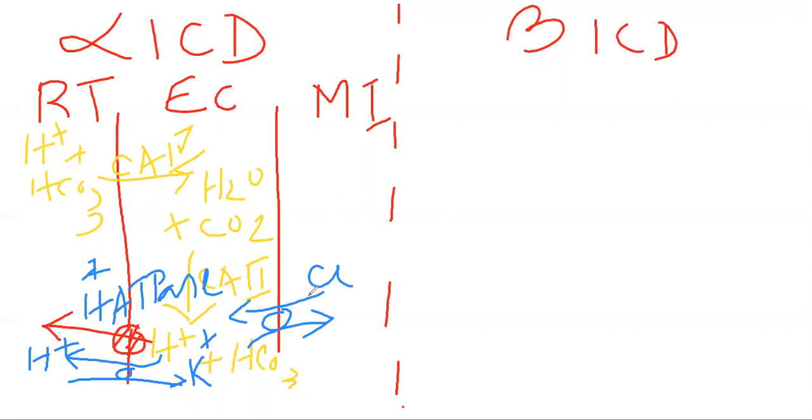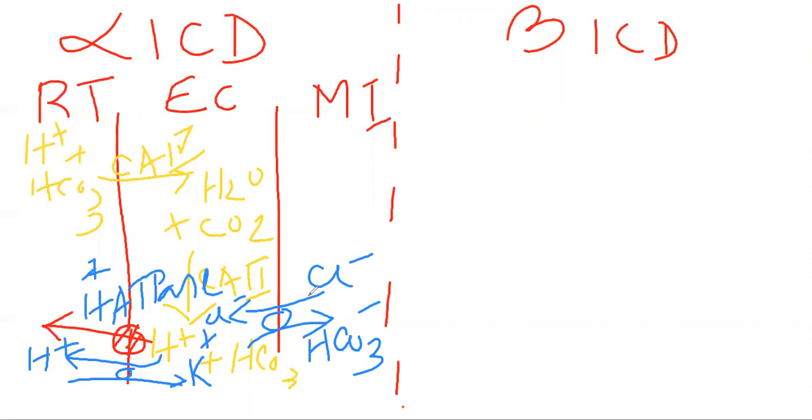So chloride ion will enter into the cell here, and bicarbonate eventually comes into the circulation. This is the process of alpha intercalated cell function, and during the acidotic situation under physiological circumstances, excess hydrogen ion will be removed from the body.